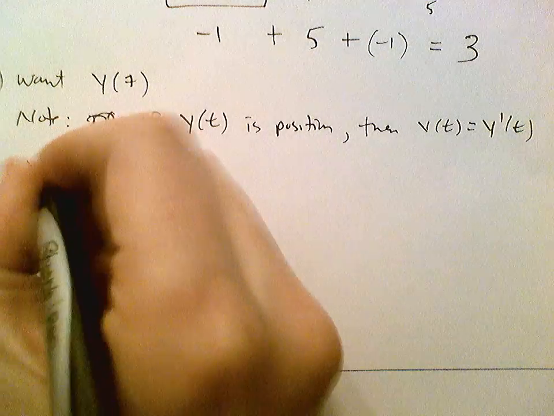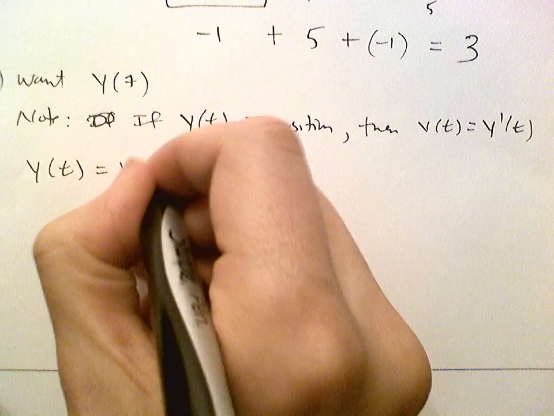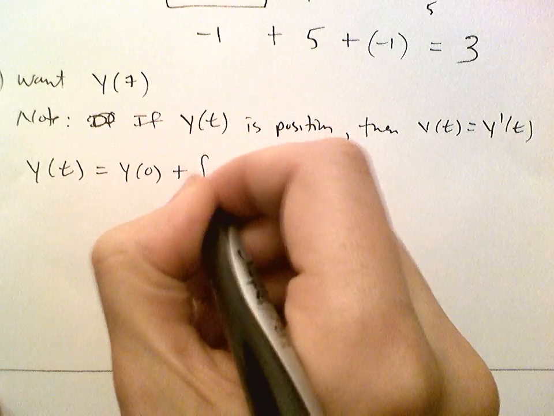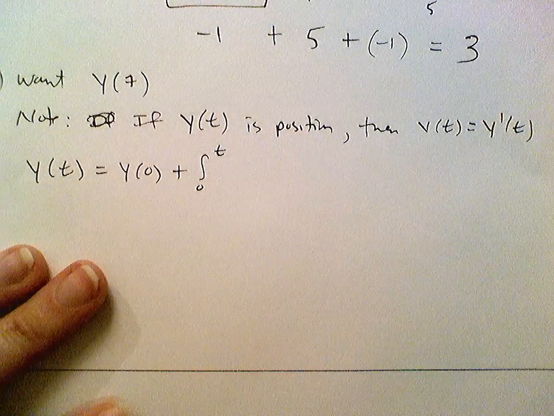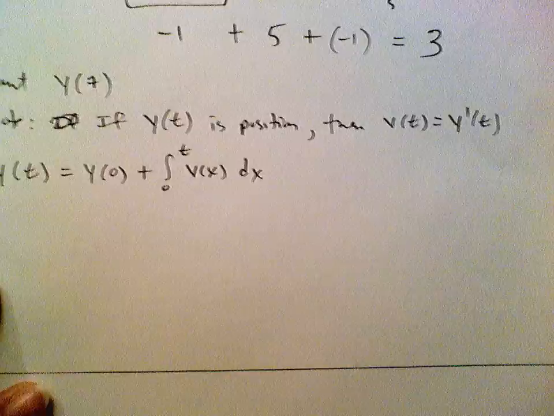So y of t is equal to y of 0 plus the integral from 0 to t of v of x dx.